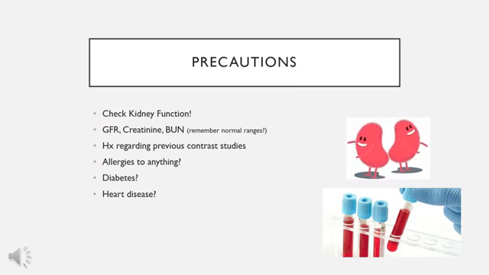Again, this is why a solid patient history should be taken prior to the administration of iodinated contrast agents. Because iodinated contrast is filtered out by the kidneys, it's really important to ensure that the patient's kidneys are functioning properly. What blood tests do we use for kidney function? BUN, creatinine, and GFR. So these are all tests that could potentially be done prior to administering contrast.